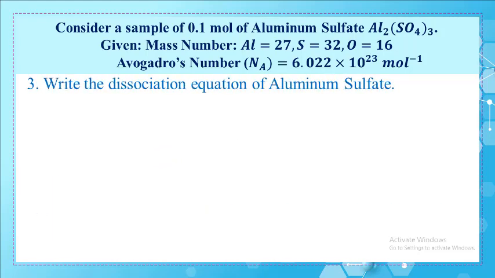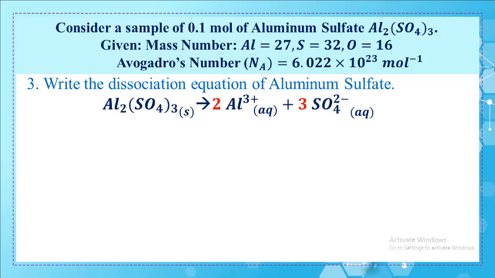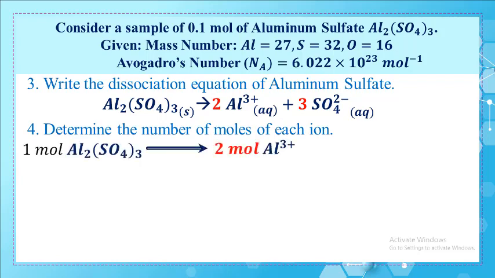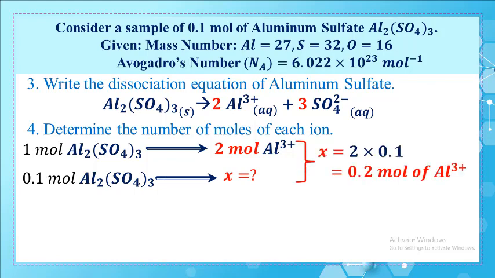Write the dissociation equation of aluminum sulfate. Al2(SO4)3 gives 2Al3+ plus 3SO4 2-. Determine the number of moles of each ion. 1 mole of aluminum sulfate contains 2 moles Al3+. And know the number of moles of Al3+ present in 0.1 moles of aluminum sulfate. 2 times 0.1 equals 0.2 moles of aluminum ions.